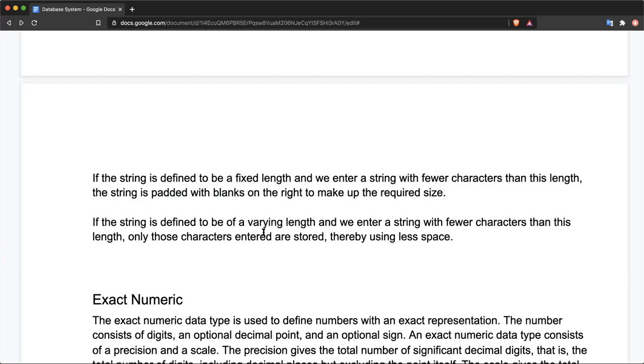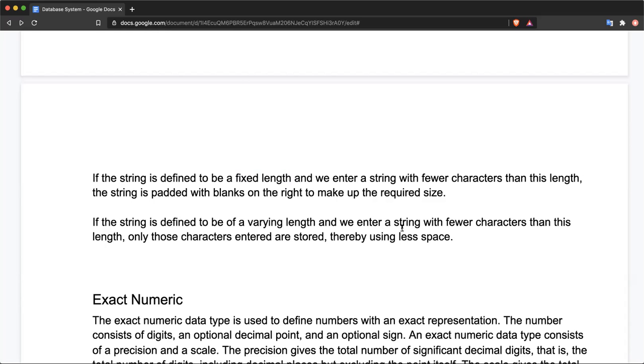However, if we use the varchar or character varying data type, then what happens is, if we define a certain length for the column and then we do not provide all the characters, say for example we only provide 3 characters out of 10, then only those characters which are provided are stored in the space.